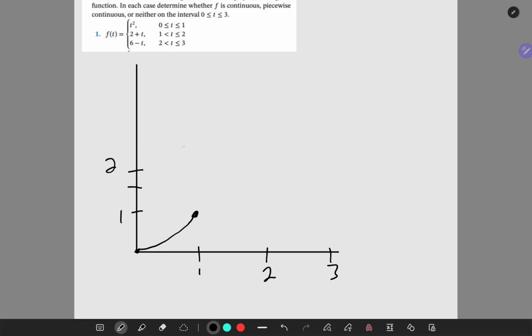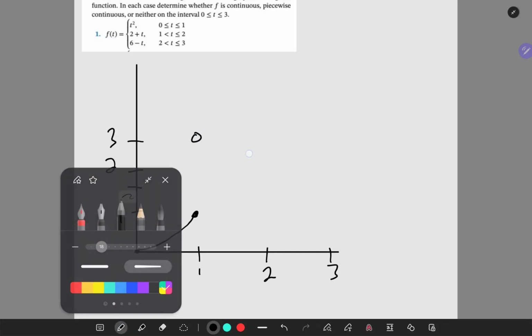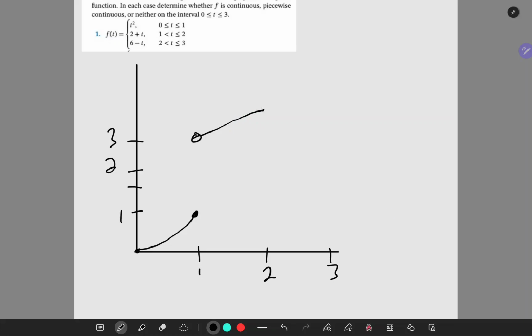So that starts at 2 and goes up 1, so we're at 3 here. Right? And then it's going plus t, so it's a slope of 1 until we get to 2. Like this. That's closed because of the less than or equal to. So now we're here. We have 6 minus t. Oh boy.